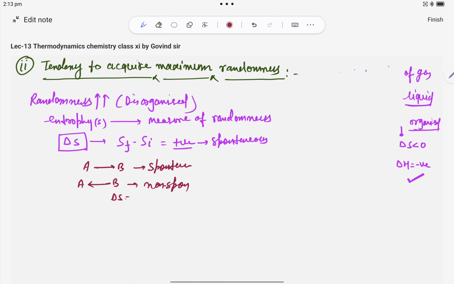Here delta S will be negative. Here delta S will be positive. If A to B is in equilibrium, delta S will be 0. In equilibrium delta S will be 0.